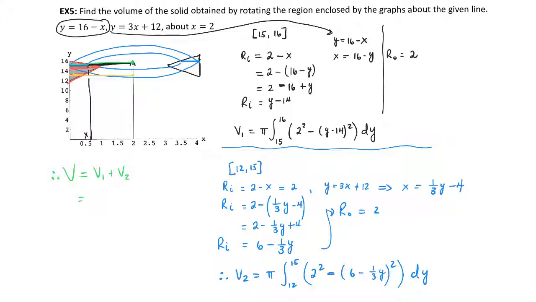If we put all the integrals together, that's going to be pi, the integral from 15 to 16 of 2 squared minus (y minus 14) squared dy, plus the integral from 12 to 15, let me put pi there as well, of the brackets, 2 squared minus (6 minus 1/3 y) squared, dy.